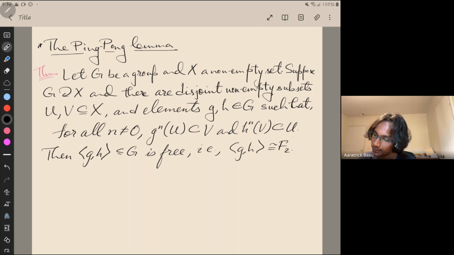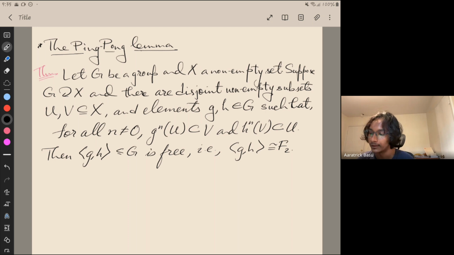Again, I think this is a beautiful theorem, and the closest analogy I can think of is that it's akin to the pigeonhole principle, in the sense that actually proving that this theorem holds is not that hard. I will do a proof shortly, but the difficulty lies in trying to apply this in the wild.